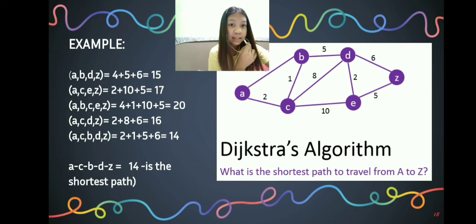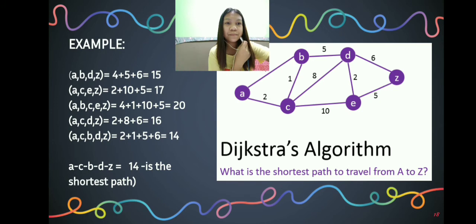I added it and it results in 14. Among the 5 different paths from vertex A to Z, 14 is the only smallest among them, the smallest sum of edges. So it means that is the shortest path from vertex A to Z.